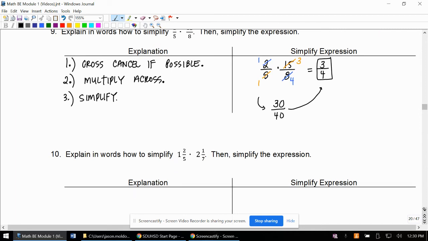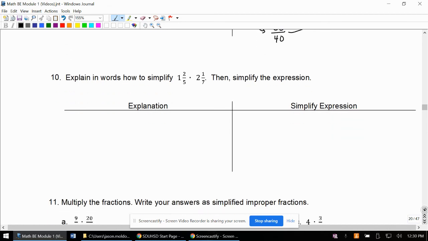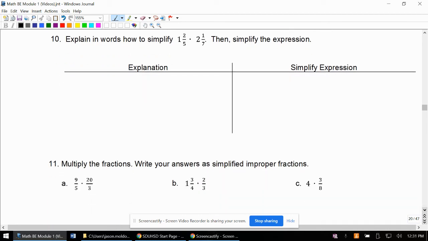All right. Next, we're going to talk about how do we multiply. We have something like 1 and 2/5 times 2 and 1/7. We need to add a step. Step 1, change fractions to improper.